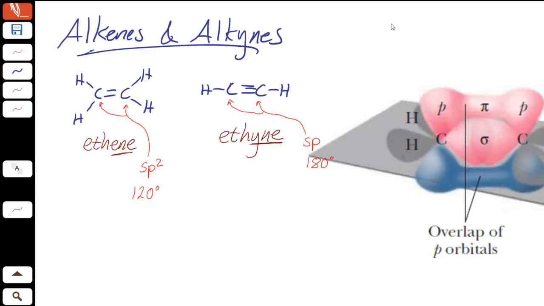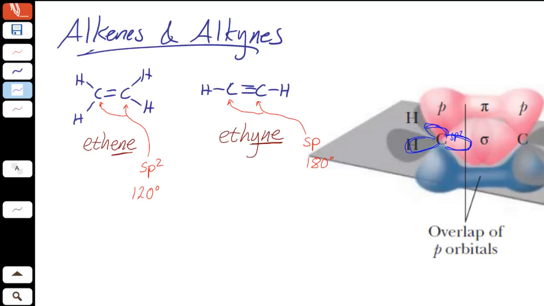so here's our alkene. If you remember from Gen Chem, each carbon is sp2 hybridized, which means it's going to have 3 sp2 hybrid orbitals. So those 3 sp2 hybrid orbitals are here pointing toward the other carbon, here pointing out toward one hydrogen, and there pointing out toward the other hydrogen.